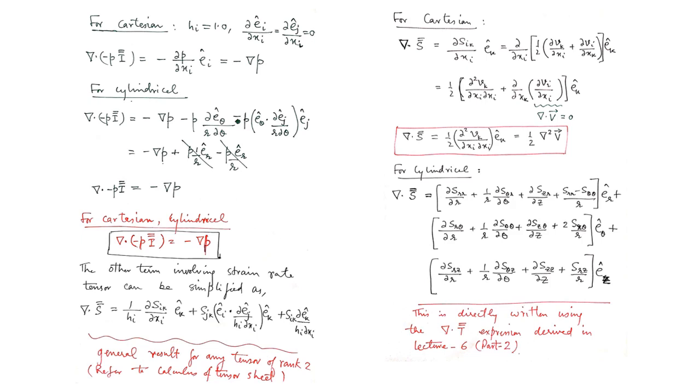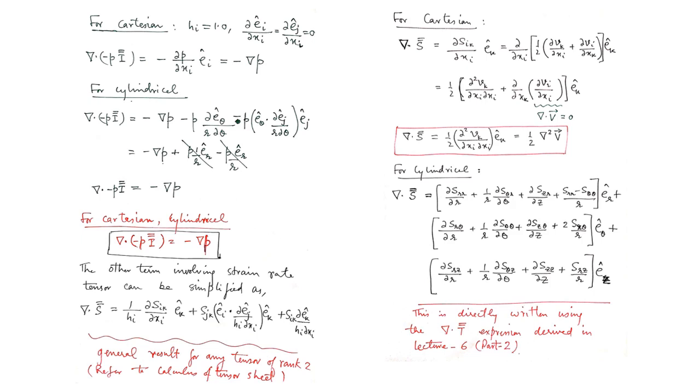We look at the three terms together. So first term is minus grad p, as I have already pointed out. The first term is grad p in any coordinate system, and the other two terms are specifically for cylindrical. They can be expressed like this because you have only theta as the only coordinate whose change causes changes in the unit vectors er cap and e theta cap.